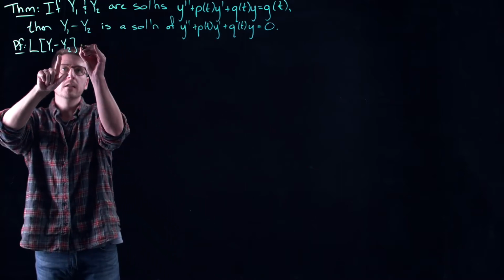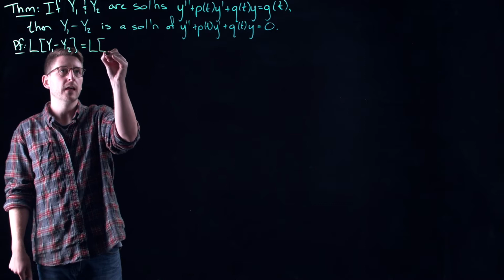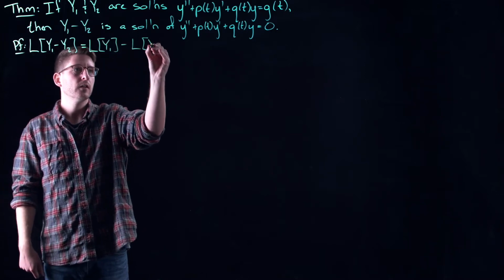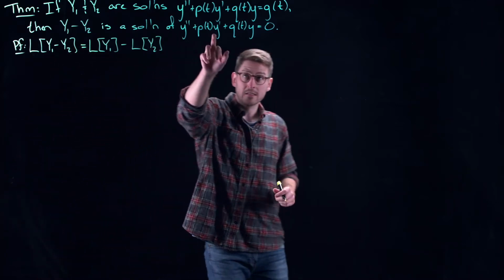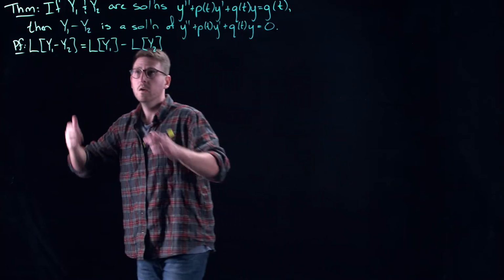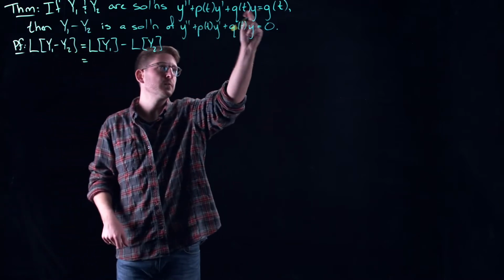Well, by the linearity of this, the principle of superposition tells us that we can distribute this over the difference, right? That just comes from the fact that this is a linear equation in y and all of its derivatives. But then this gives us the differential equation. This is this piece right here.